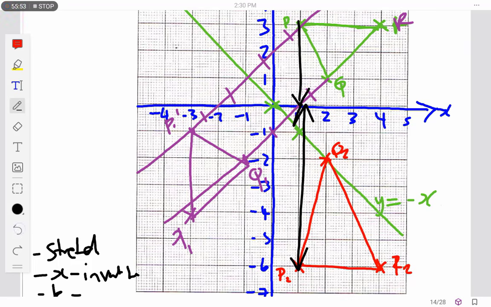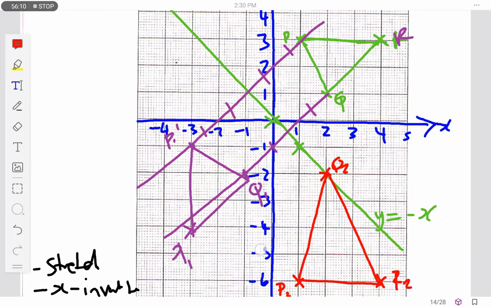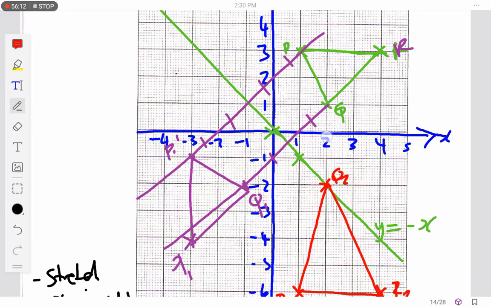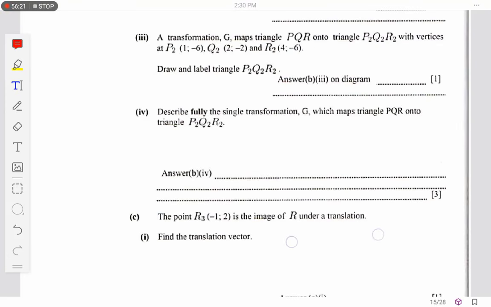You can see the image is moving minus 6, and the object is 3, so it's minus 6 over 3. So our stretch factor is minus 2. You can even confirm with the next one, which is Q: minus 2 over 1. So you get your stretch factor as minus 2. So that's how you answer that part of the question.